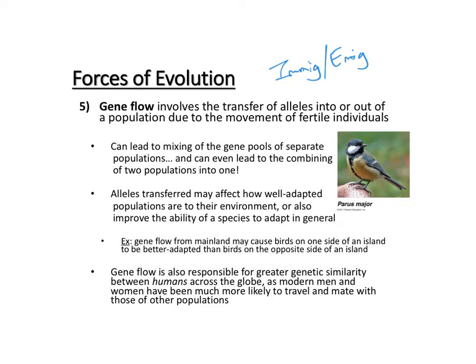A lot of times this is very beneficial, right? A lot of times this improves the ability of a species to adapt, right? It's in a way similar to crossing over, creating new chromosomes, right? Because we introduce some new alleles maybe to a group or to a population.